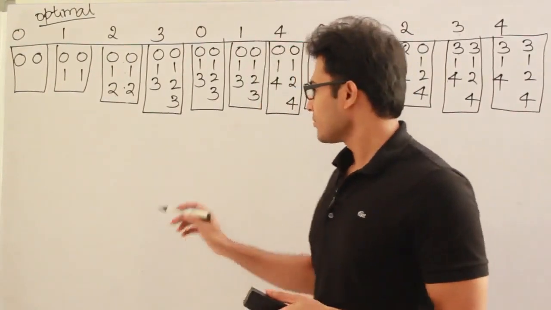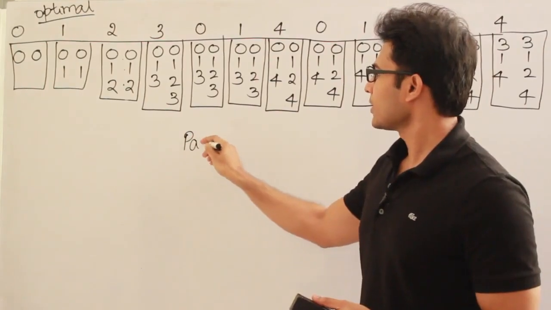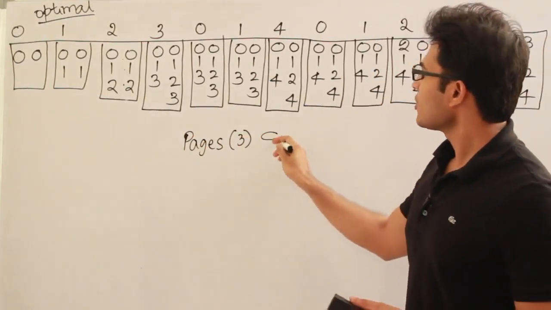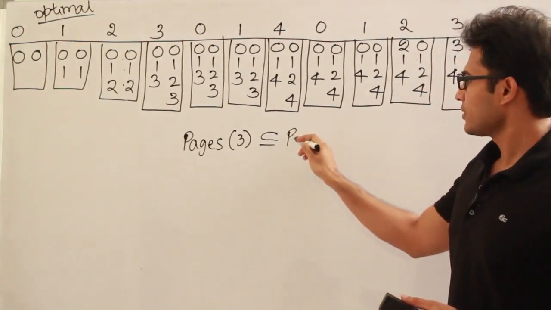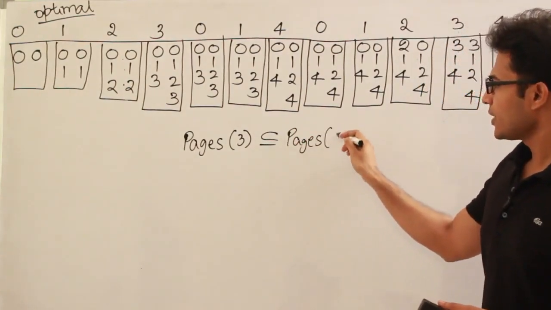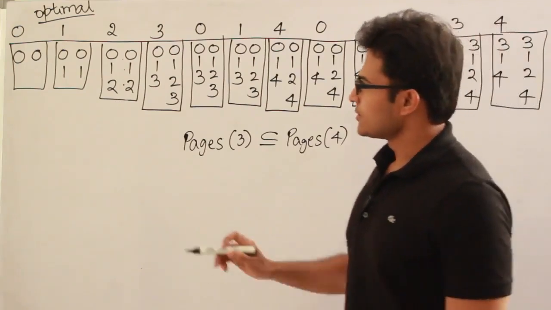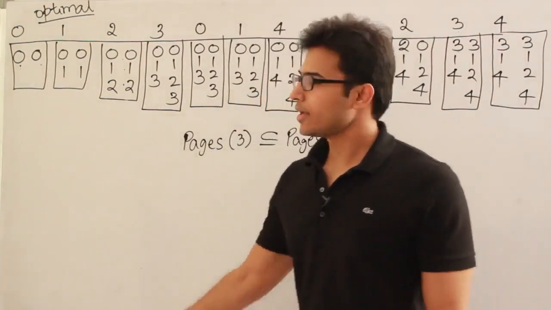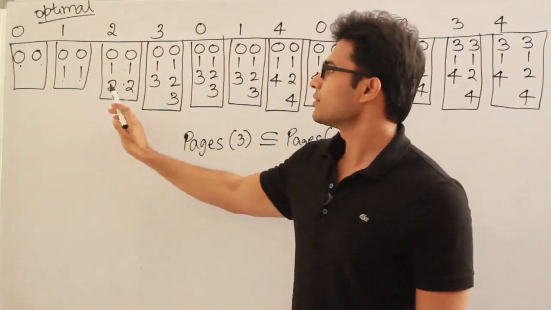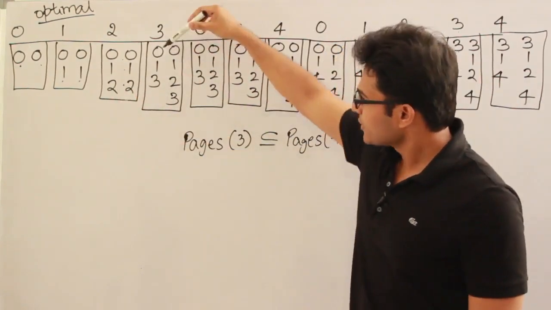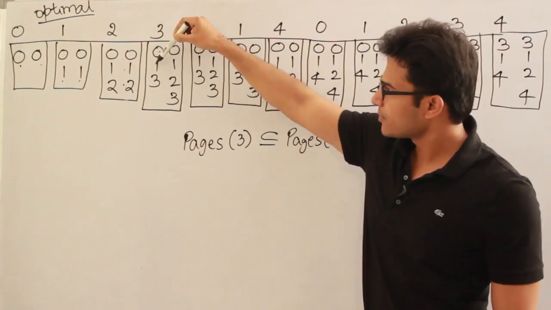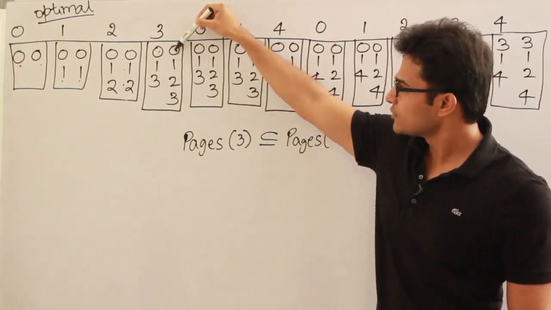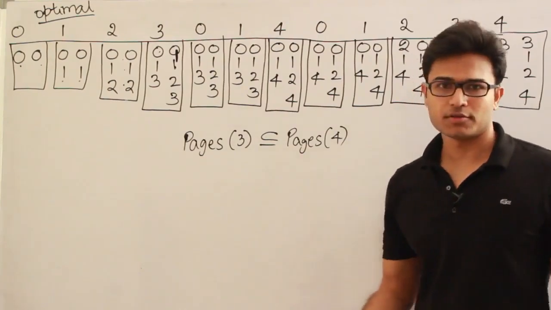Check this. See, 0 was present when I had 3 frames and 0 is present when I have 4 frames also, and 0, 1 is present here, 0, 1 is present here, 0, 1, 2, 0, 1, 2. Now check this, 0, 1, 3 are the pages present in 3 frames. Similarly, when I had 4 frames, 0, 1, 3 are present in 4 frames also, right?